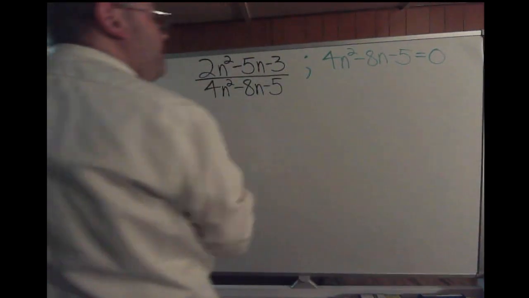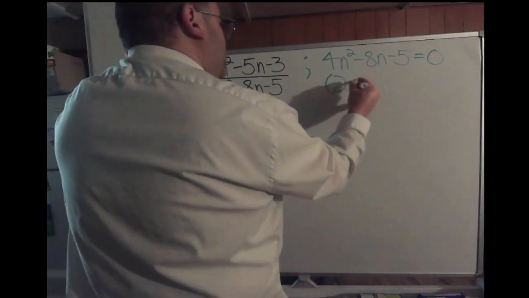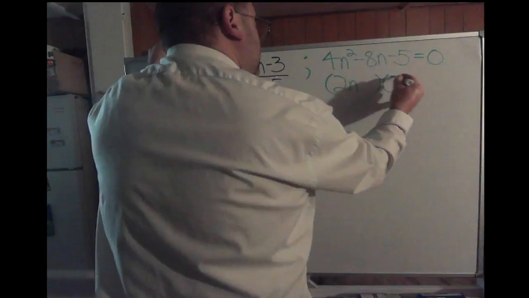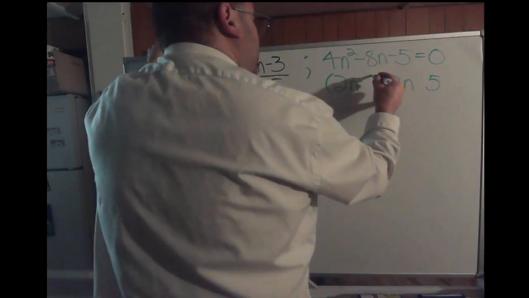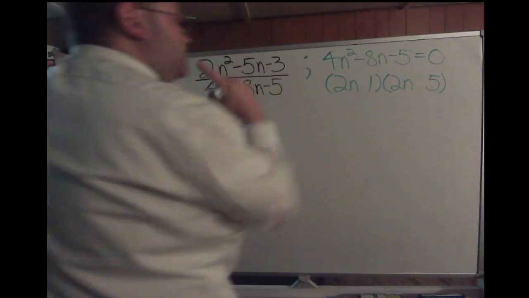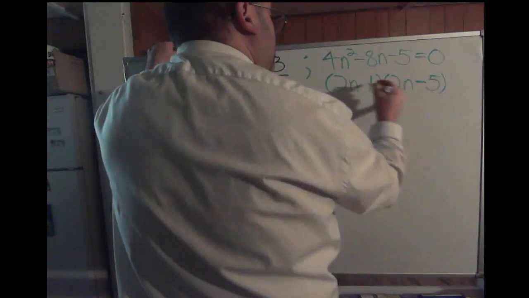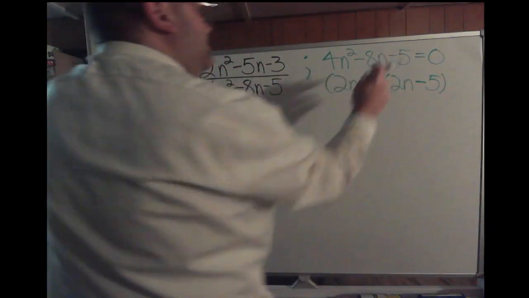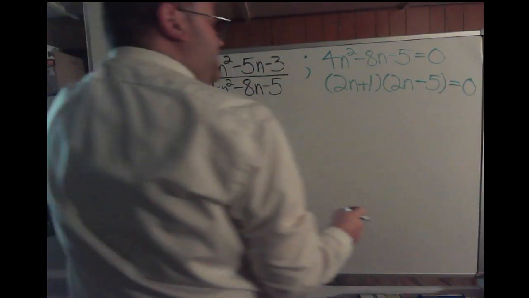Hold on here. As I said, sometimes it's trial and error. You would have 2n times the quantity of 2n. You have a 5 and a 1. Yeah, that makes more sense. So you'd have 4n squared minus 10n plus 2n. Yep, that would give you negative 8n, then minus 5. Okay. So the factorization is 2n plus 1, that quantity, times 2n minus 5.